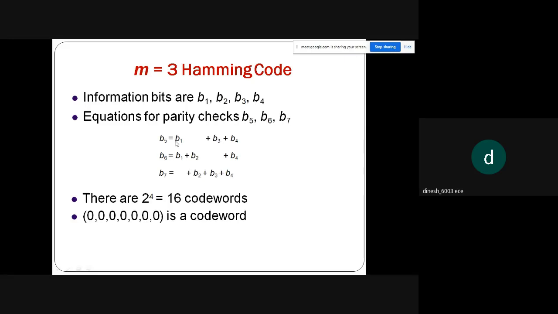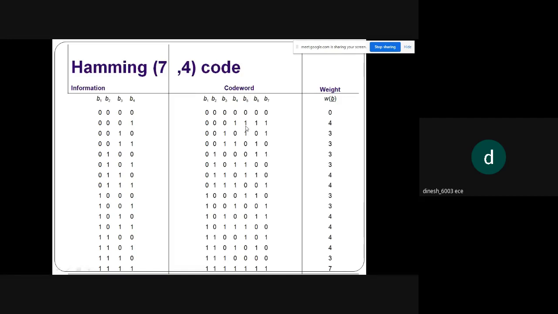So modulo 2 addition of B1, B3, B4 for B5. I want to determine this. So this is your tabulation. Kindly go through this tabulation and check. You will be getting this. Everything is modulo 2 addition. Nothing is binary addition. Modulo 2 addition, XOR gate operation. We'll be using modulo 2 addition.